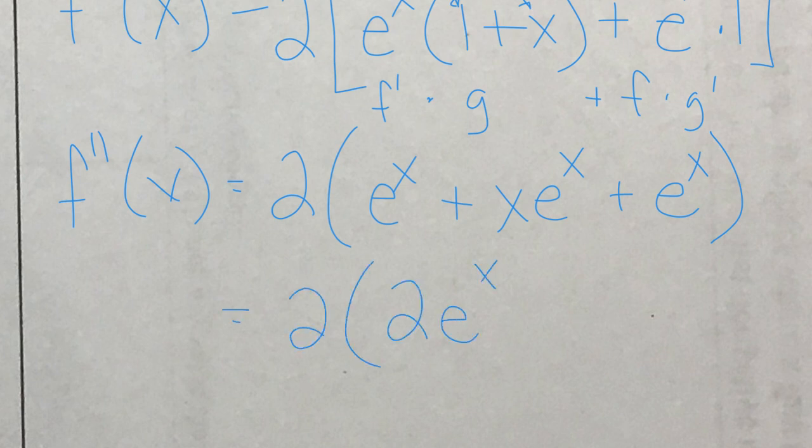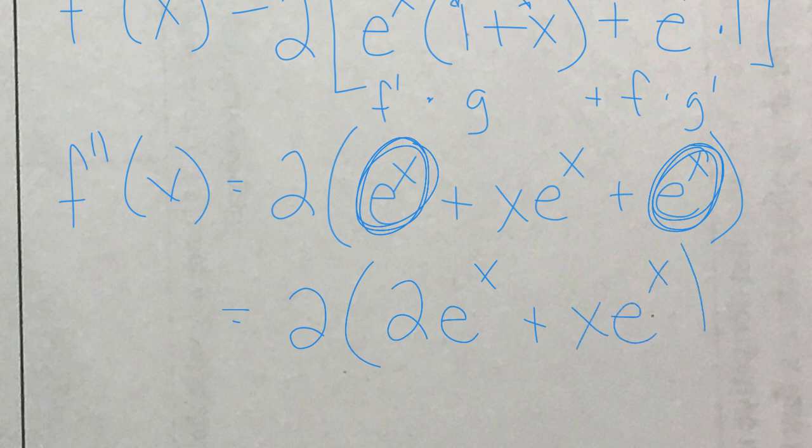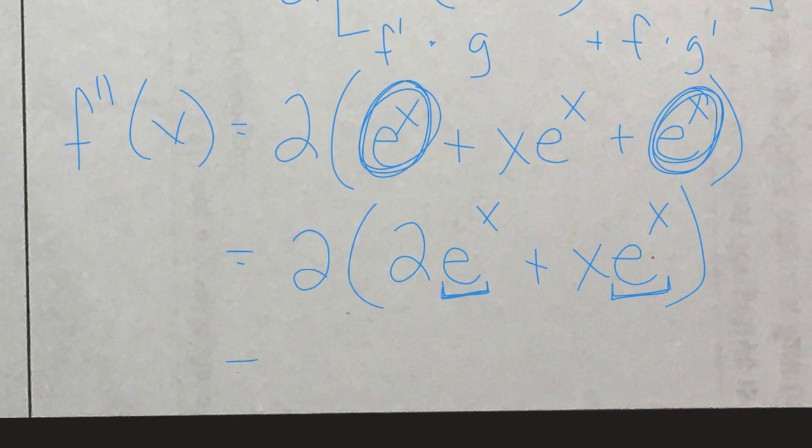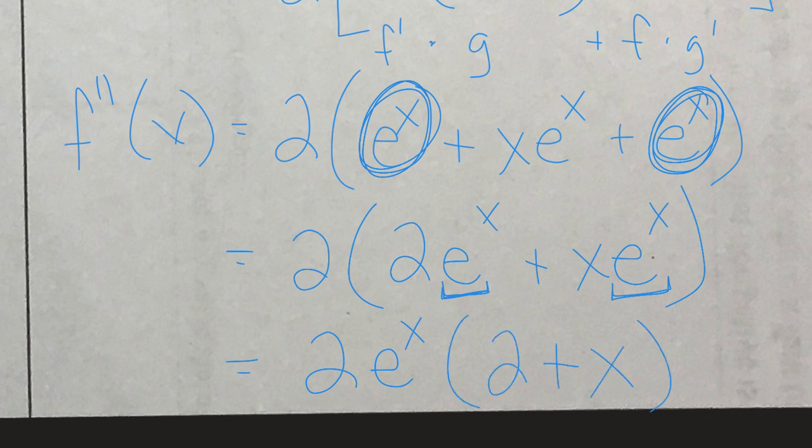Yes, 2 of them. Right, here's one of them, here's another. So I have 2 e to the x's plus an x e to the x. And once again, calculus probably wants you to factor out this common term. 2 e to the x's times 2 plus x.